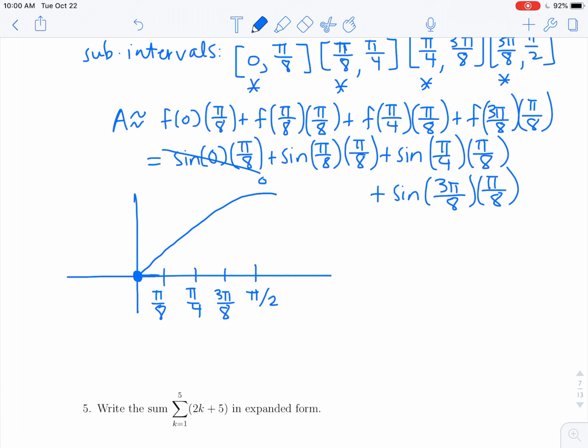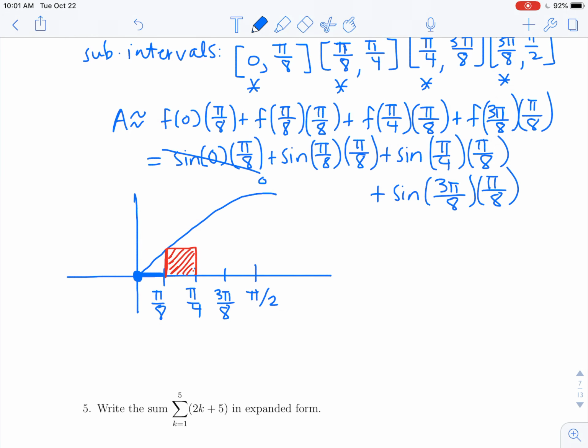So my leftmost rectangle is flat with area 0, which corresponds to that 0 part that's marked out in the area estimate. And then the second one, I'll go ahead and make it red for fun. We used f of pi over 8 to get our height, which means that we used this rectangle. And then the next one, I'll go ahead and go back to blue.